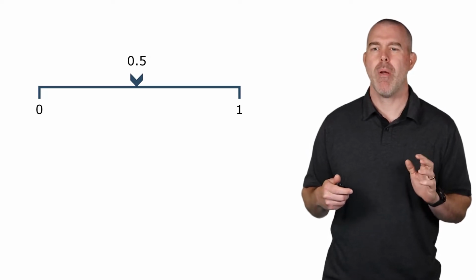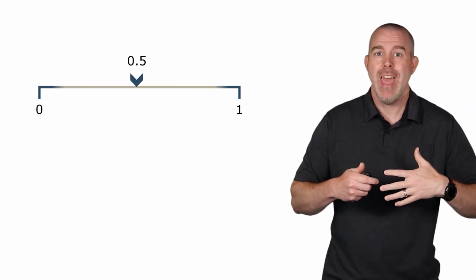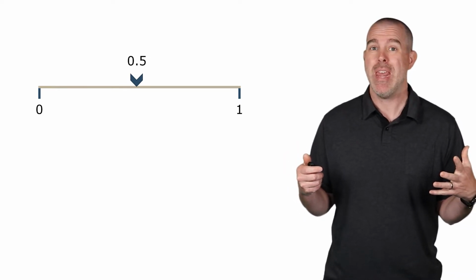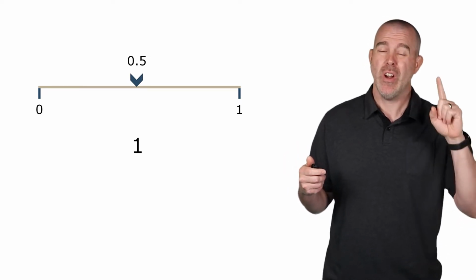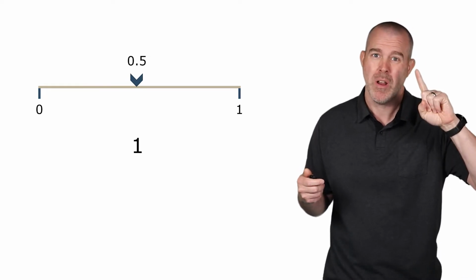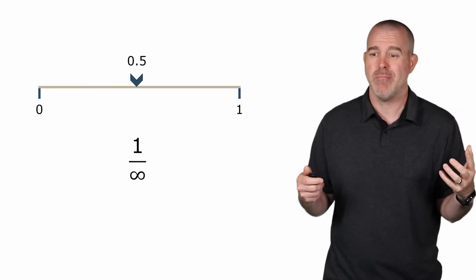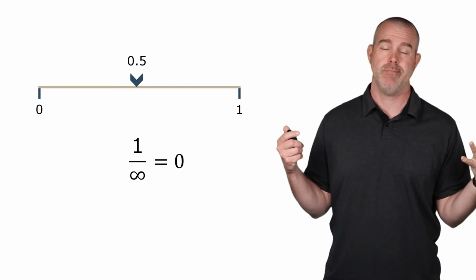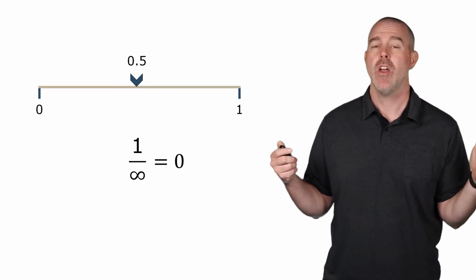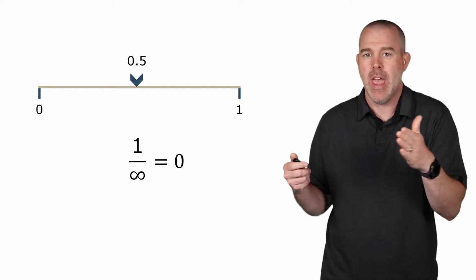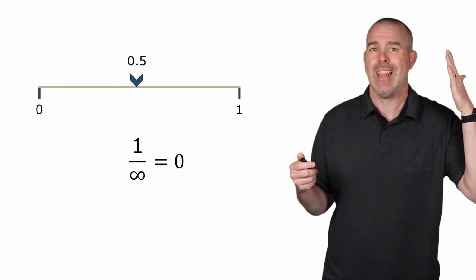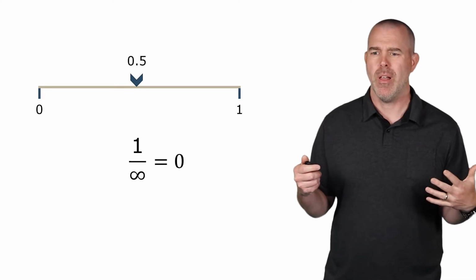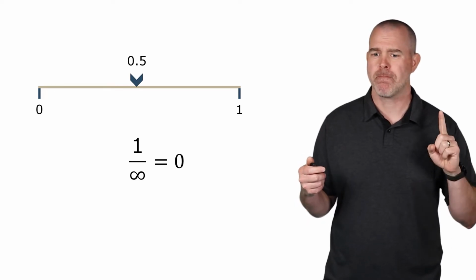Well, the problem is our number could be any real number in that interval, and there are infinitely many of them. So we're looking for just one number, but there are infinitely many of them, so the probability of being exactly 1/2 is 0. It's impossible for a random number that could be any real number between 0 and 1 to land up exactly on 0.5. Okay, well, how do we get probabilities then?